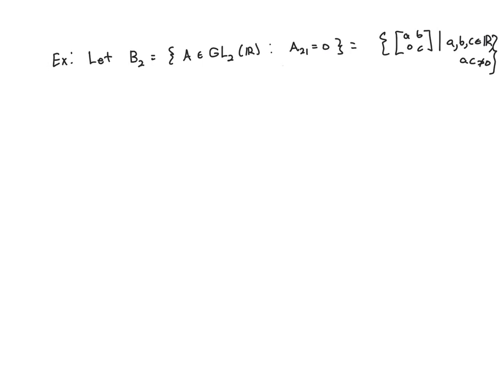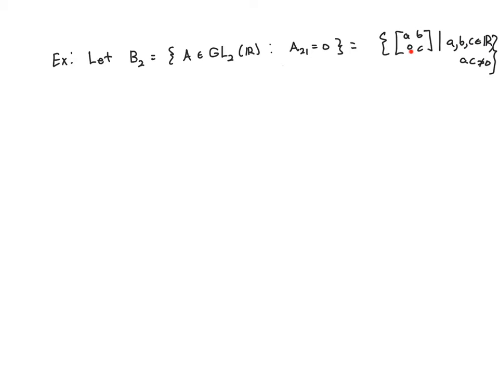As our next example, let's consider this set, B2. It's the set of all matrices in GL2R such that A21 is 0. So that's the entry in the second row, first column. In other words, this matrix is of the following form: A, B, 0, C, where A, B, and C are real numbers, and A times C is non-zero. That ensures that the determinant is non-zero.